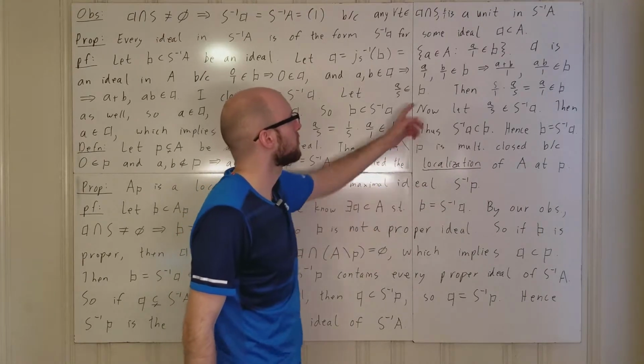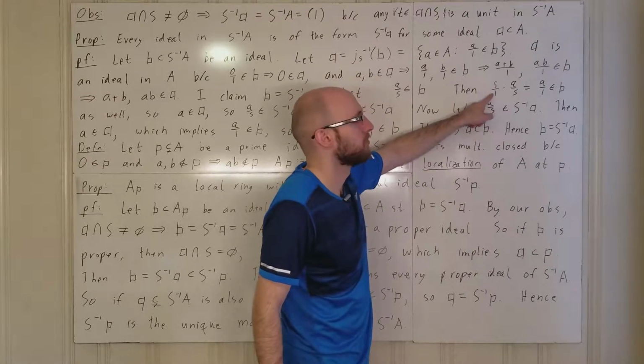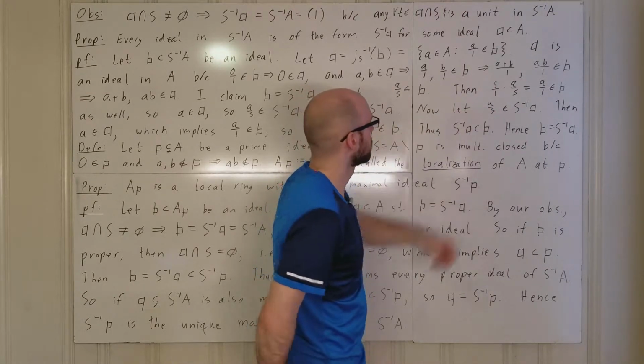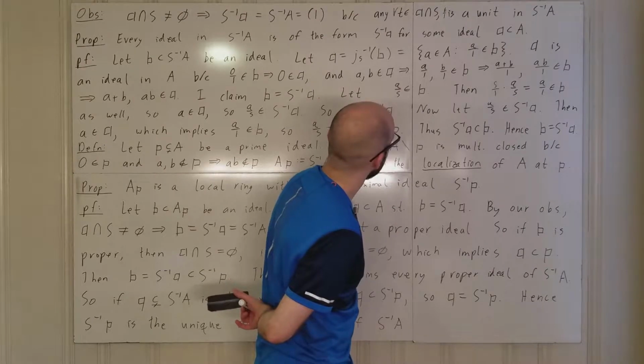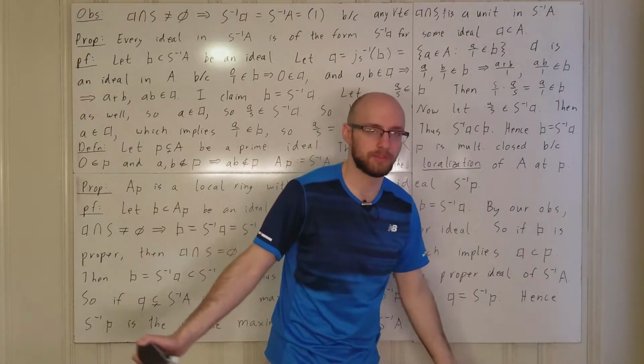In particular, we can multiply by s over 1, because s is in A and 1 is in S, since that's part of the definition of being closed under multiplication.